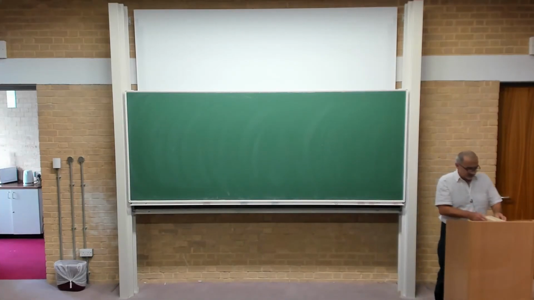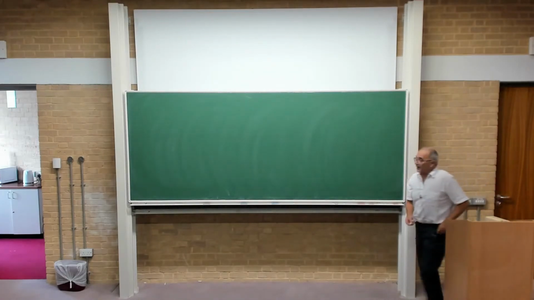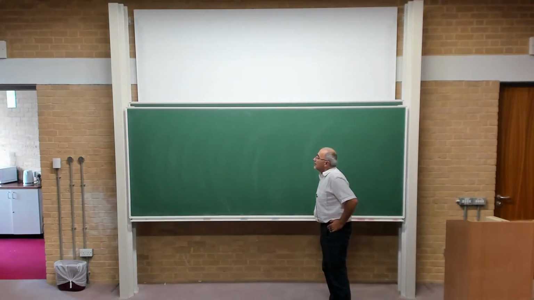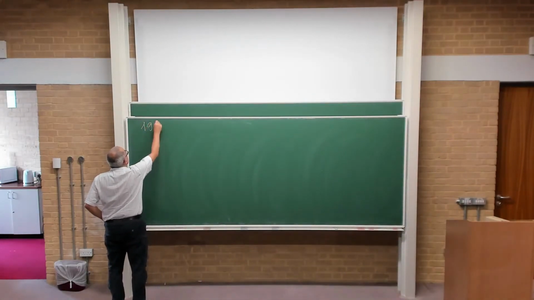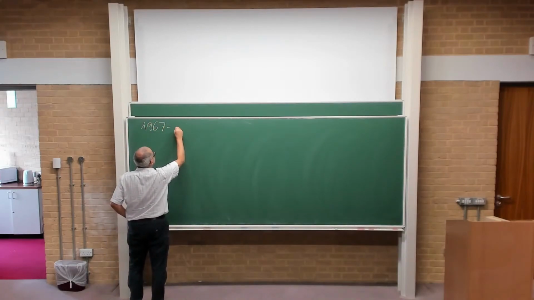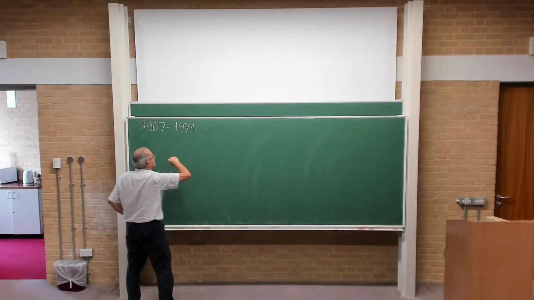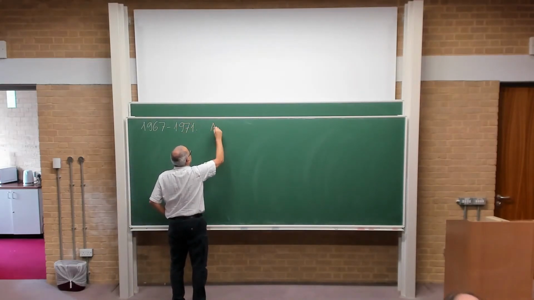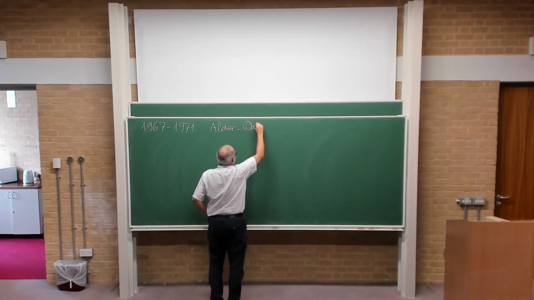So how this anomalous diffusion problem came up, at least what I know about it, and probably others would have other stories. In the late 60s, between 1967 and the early 70s, maybe 71 is the last paper, there was a series of papers by two physicists, Alder and Wainwright.